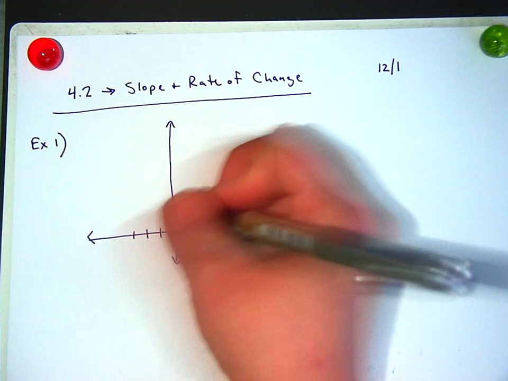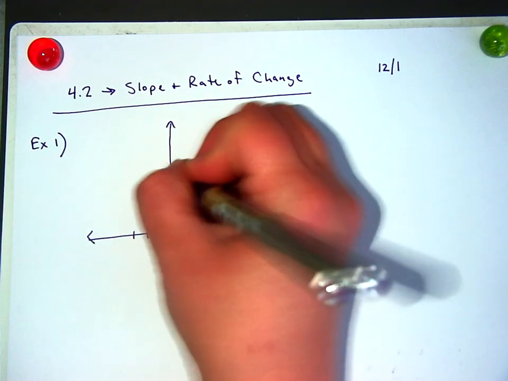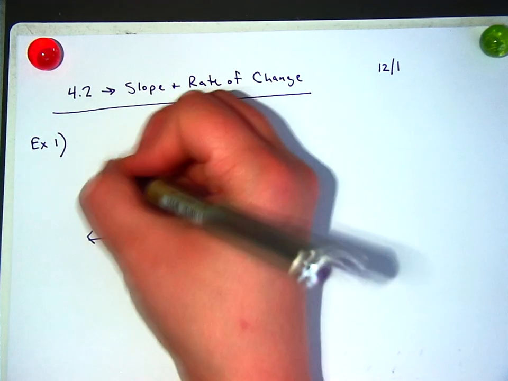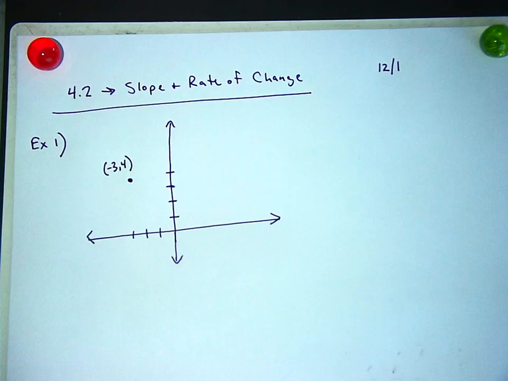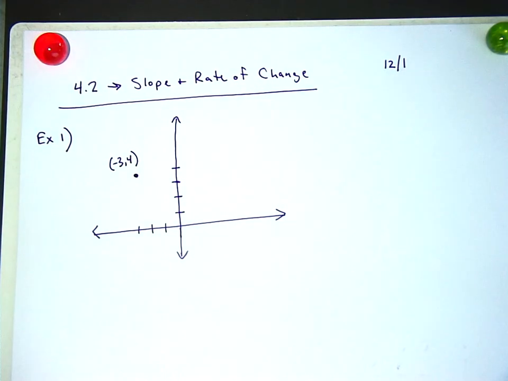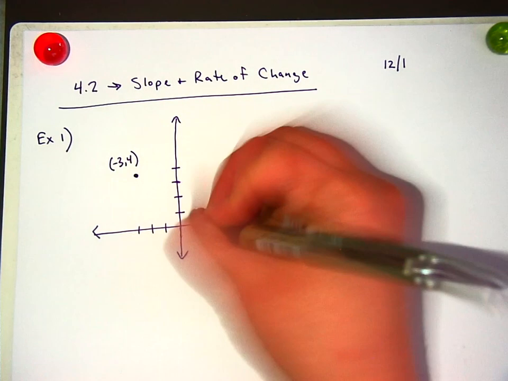And I'm going to graph one point, which is going to be -3, 4. Everybody writes it. And the other point I want you to graph is 1, 7.